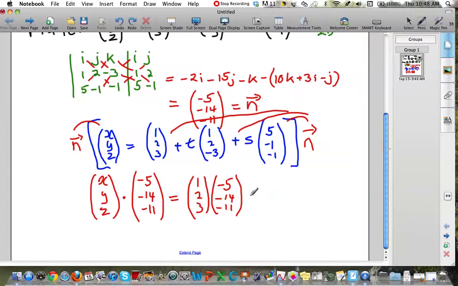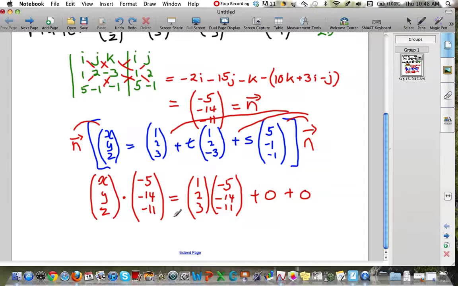And hopefully what you realize at this point is that when I find the dot product of the normal and the first direction vector, I'm going to obtain 0, and likewise I will obtain 0 for the second dot product. The reason for that, of course, is that the vectors are perpendicular to each other, and the dot product of perpendicular vectors is in fact 0.